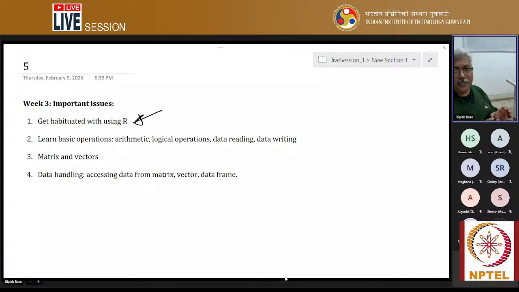These are essential. See, if you pick up an R book, lots of things are there. I have tried to distill those things which are required to start. Step by step, we will learn complicated things in future also. So don't get lost in a book of R.